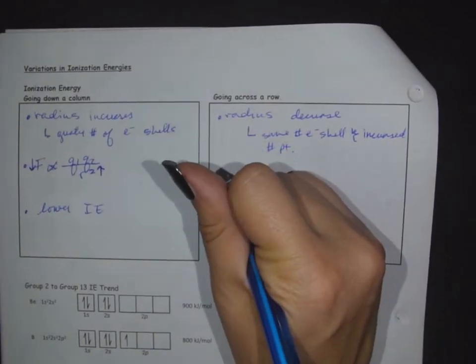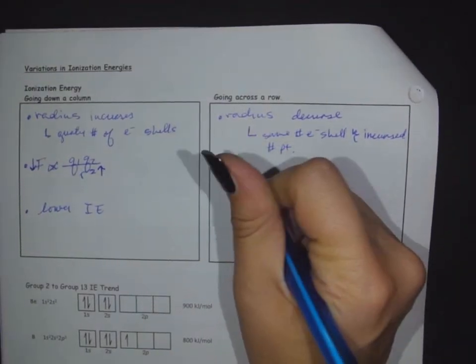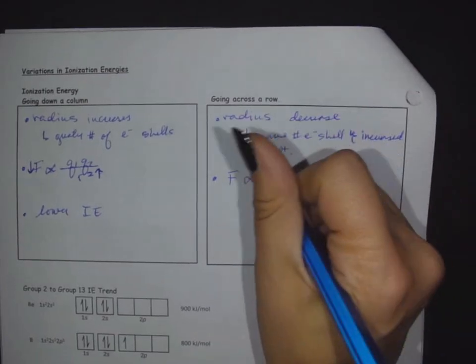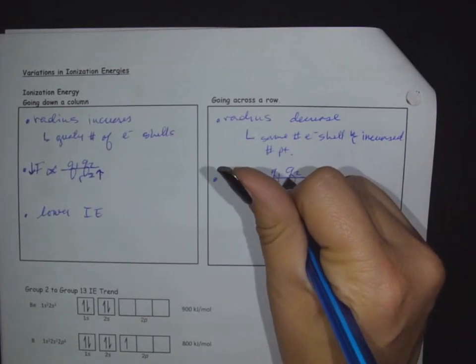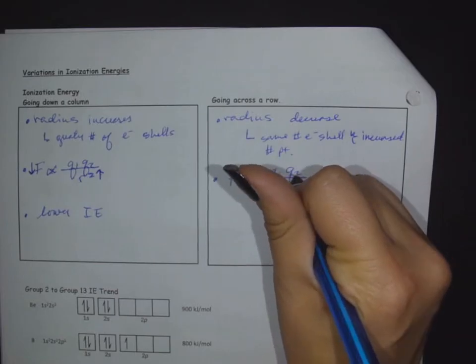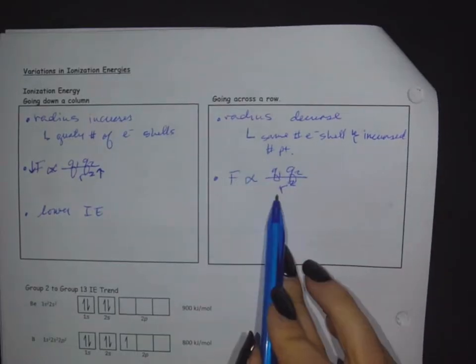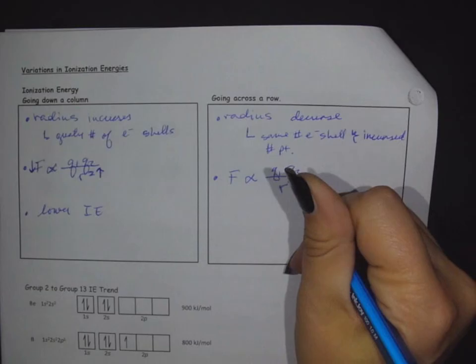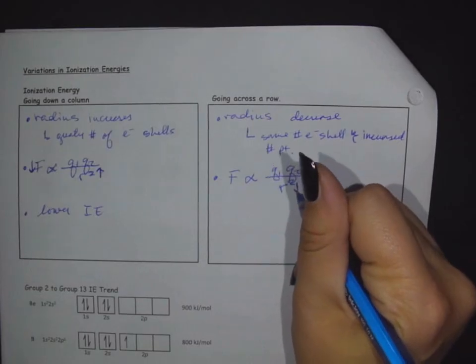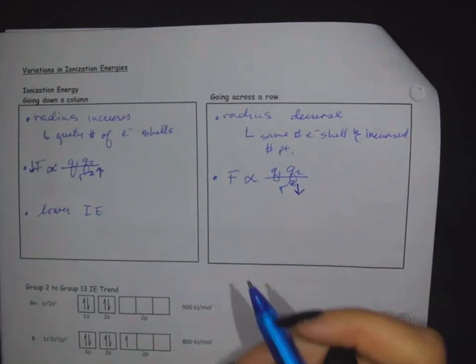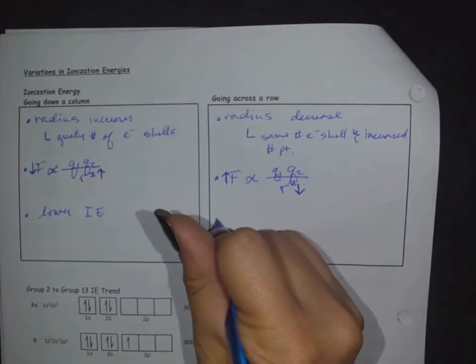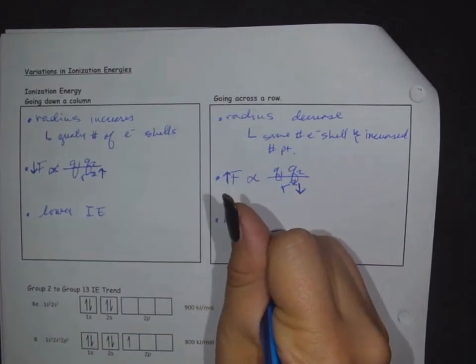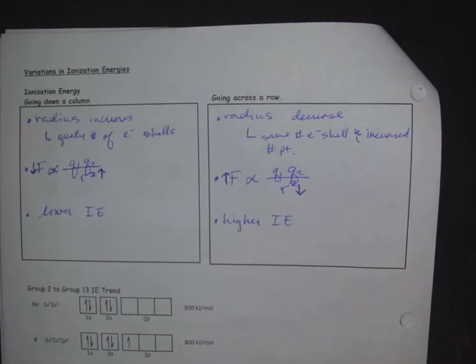Again, according to Coulomb's law, this force of attraction between the nucleus and the electrons will become greater because the radius decreased. If this atomic radius decreased, that distance between the valence electrons and the nucleus decreases, then that means the attraction will increase, which would give us a higher ionization energy.